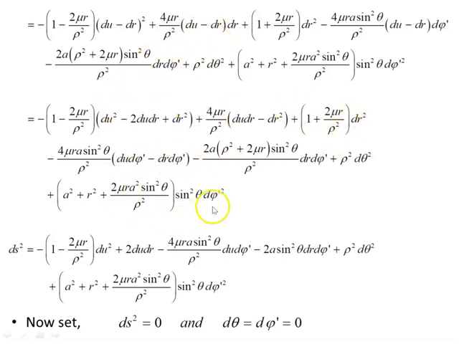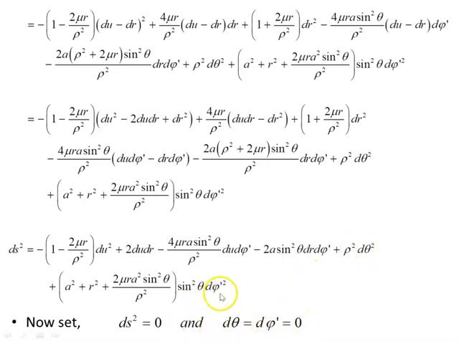Next we'll collect like terms, and we have this here, du plus this. Remember on this channel I use the -1 plus plus plus signature. Some textbooks use the other signature, which is +1 minus minus minus, so just be aware of that. Now remember we're in the equatorial plane, so we set d theta and d phi dash to 0.